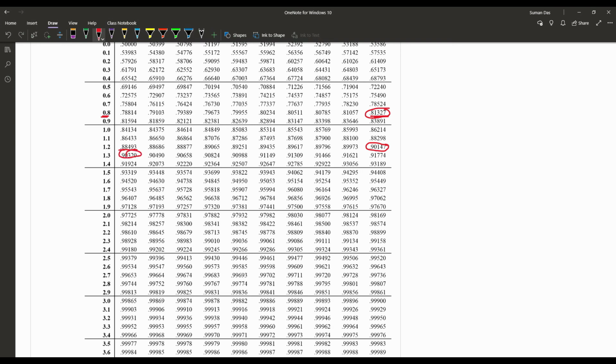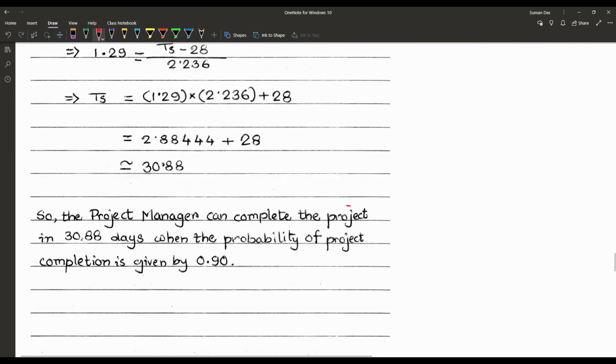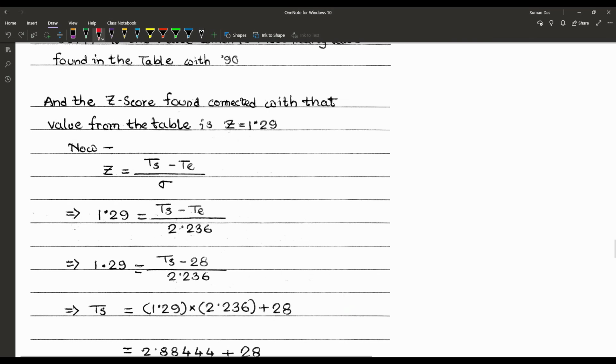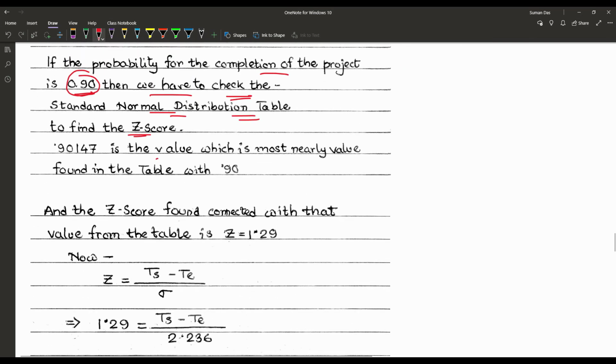So practically 0.90147 is closer to 0.90, and that is happening for 1.29. That is for 0.09 and 1.2. So that is for 1.29, which is the nearest value found in the table to 0.90.